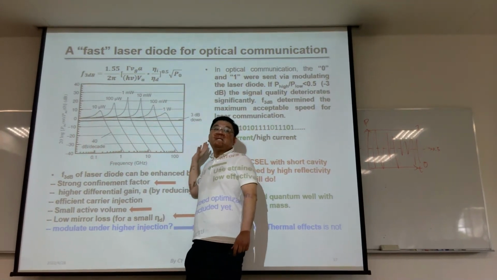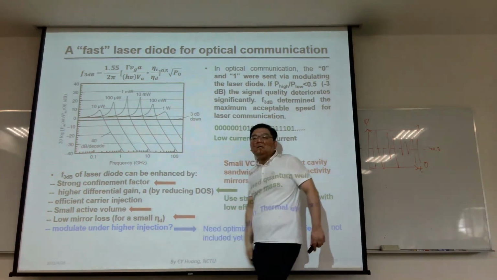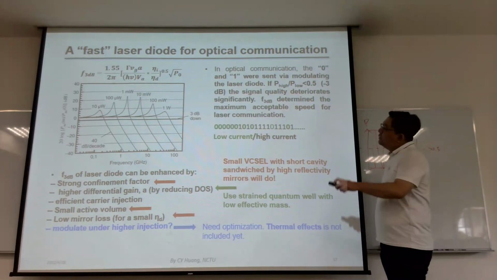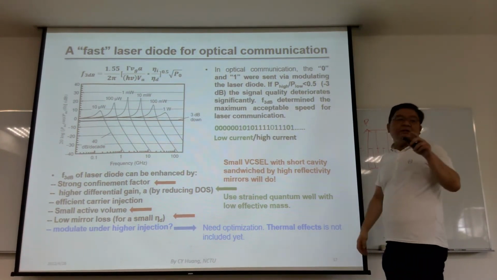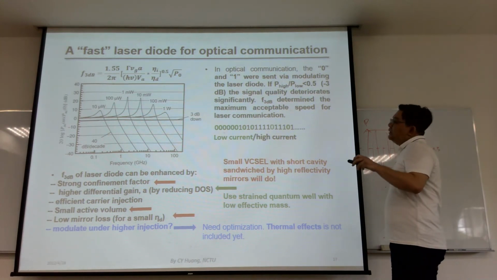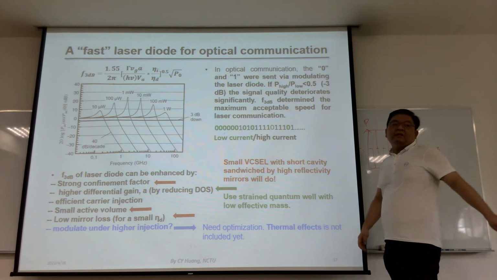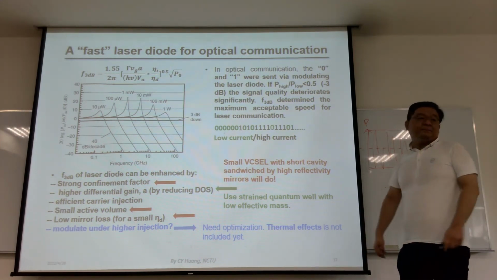So much data can be sent from one end to the other in a limited amount of time. So for a laser, if you want to increase your speed, you need a good F3 dB. Try to make the 3 dB as large as possible.